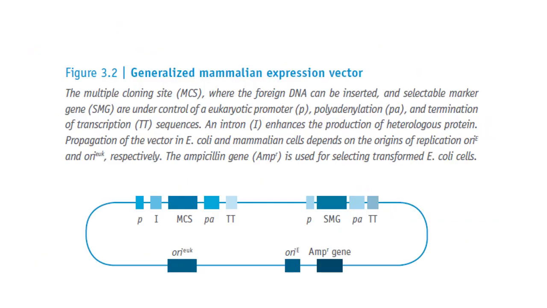It's a generalized mammalian expression vector. We can see here MCS, multiple cloning site, selectable marker denoted as SMG, eukaryotic promoter denoted as P, polyadenylation site PA, and termination site TT, and intron I enhances the production of heterologous proteins.